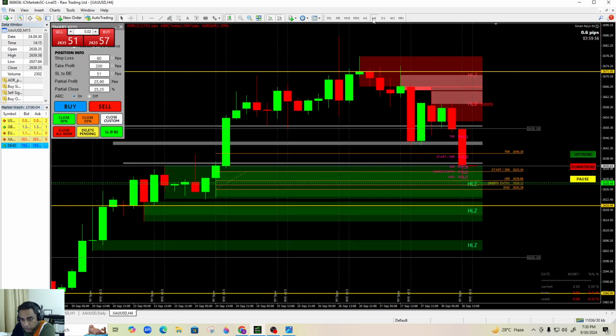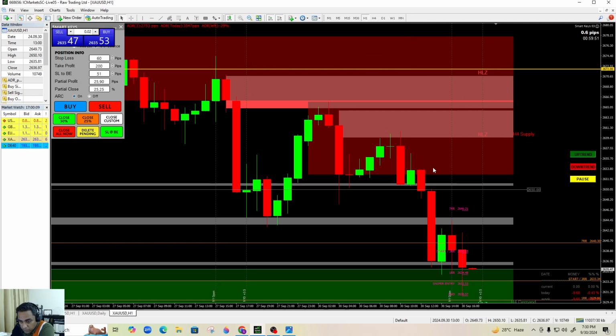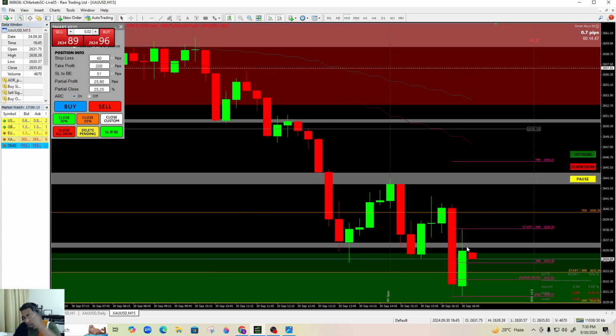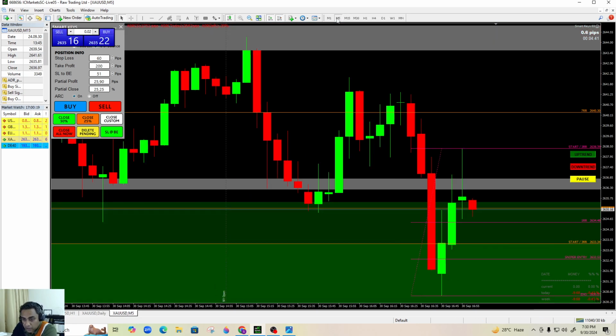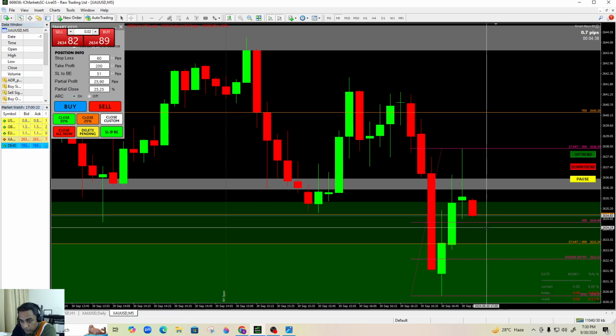So that's a 4-hour close. The 1-hour has pushed up from there. The 15-minute closed below the resistance, which is a little bit tricky.